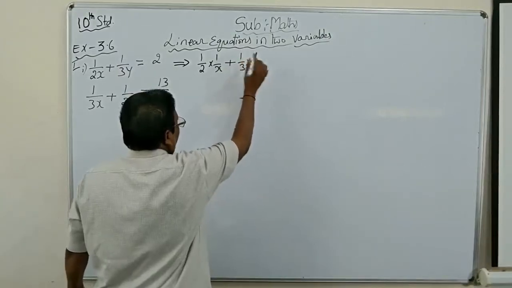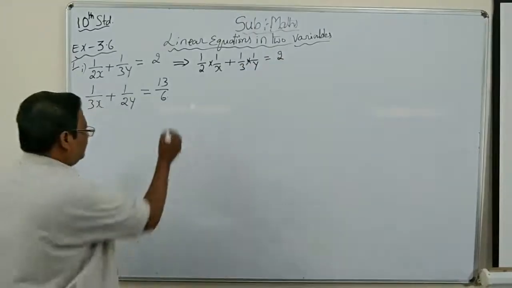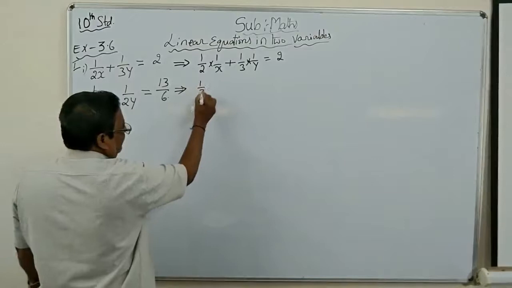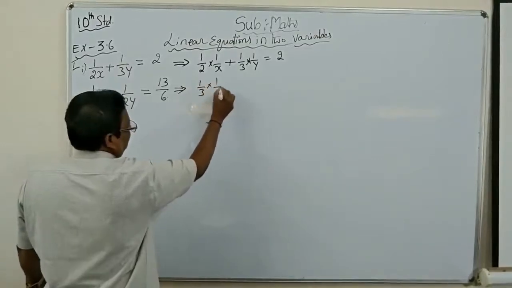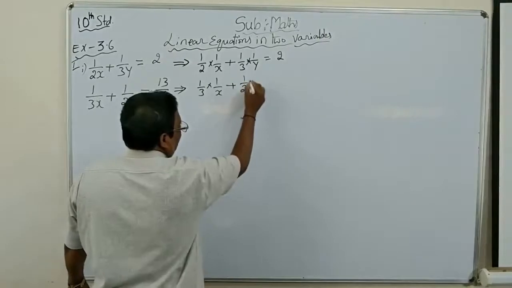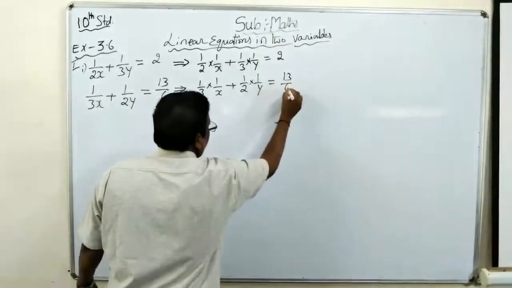The second term is equal to 2 as it is. Here in this equation, first is 1 by 3 into 1 by x plus 1 by 2 into 1 by y is equal to 13 by 6.